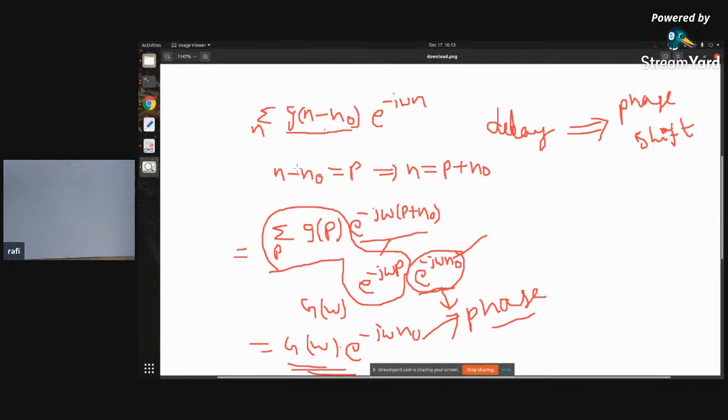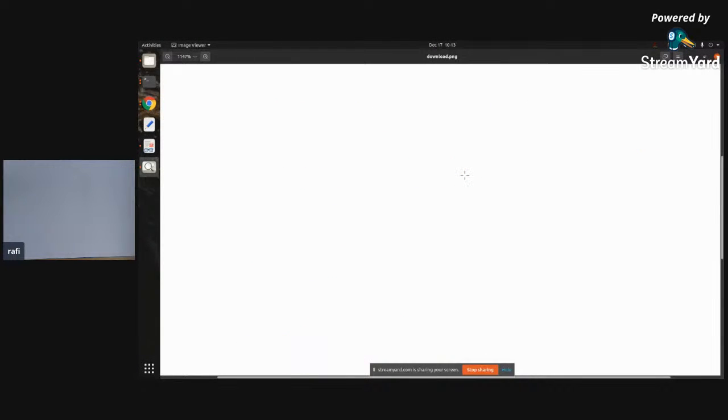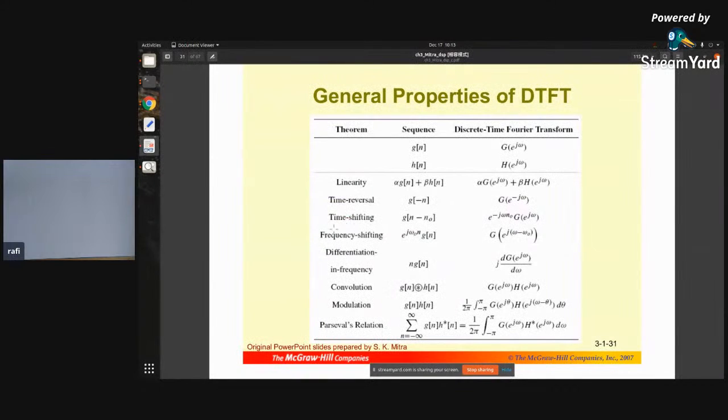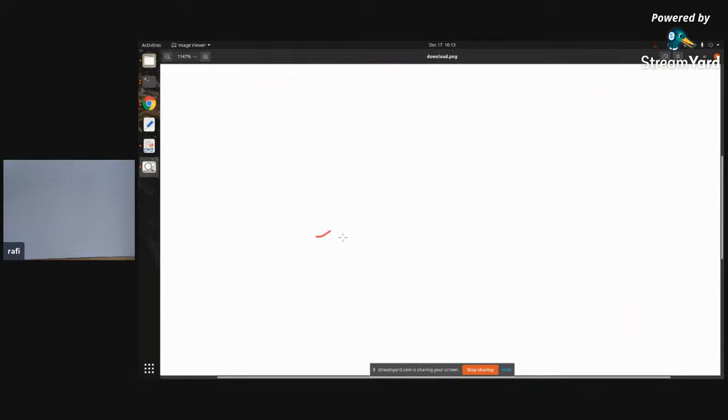So now the next property is frequency shifting. This is just what we are talking about, multiplying with e power j omega naught n.